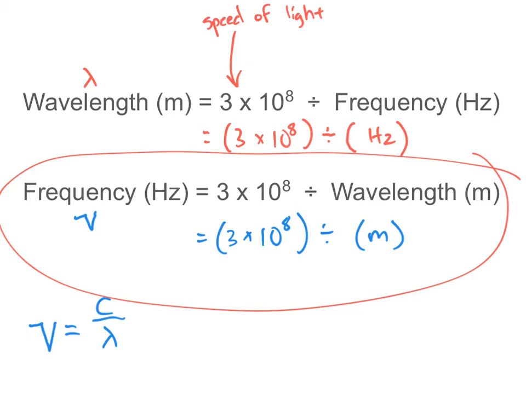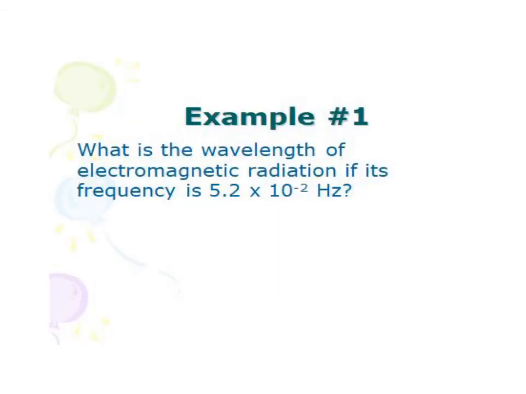All right, our first one. Okay, the first step is we need to figure out what is it asking for. It says, what is the wavelength? All right, so we're going to use the wavelength equation. Go ahead and write that out. Wavelength is going to be 3.0 times 10 to the 8th.